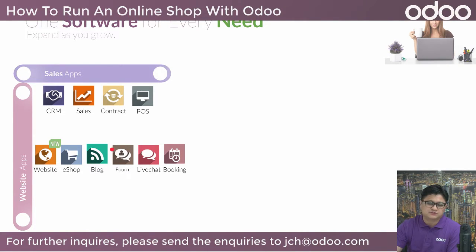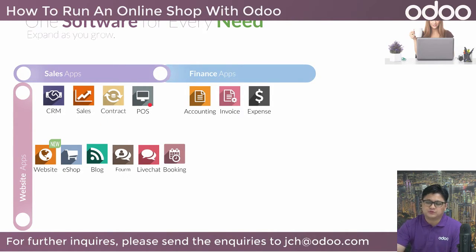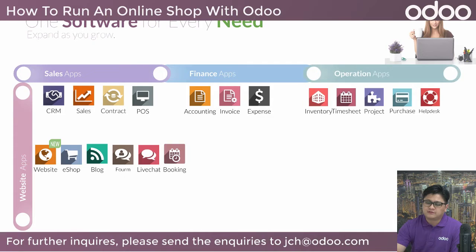For the sales function, we have a very powerful CRM, and also sales and point of sale systems. For the finance part, we can easily create invoices and use the accounting function. For operations, we have inventory, which is applicable to our topic today, to manage and control inventory for the e-commerce part.